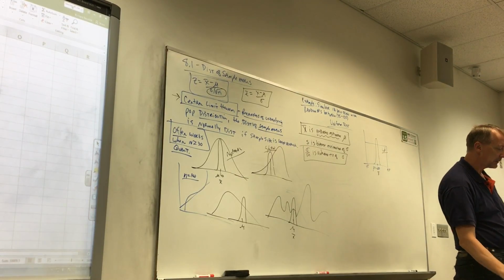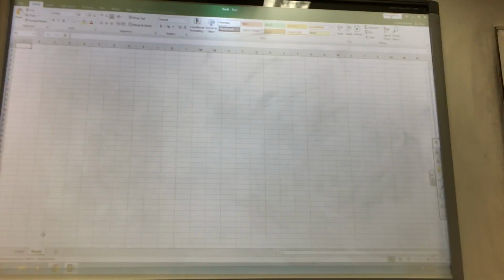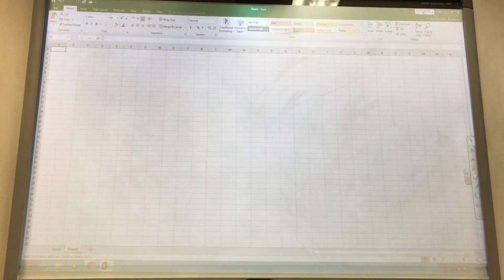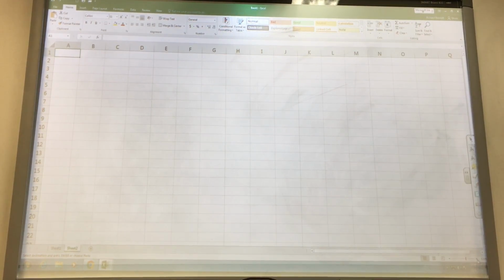Okay, I know we're short on time. Let me just do one quick example that illustrates this. The national average of weight gain for pregnant women is 30 pounds.